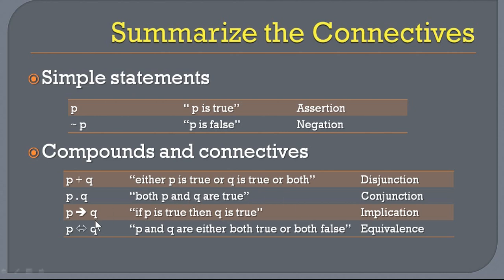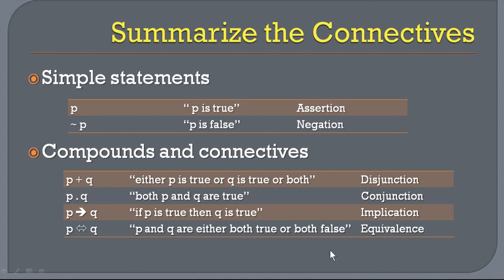That is a connective. Next, for implication, you use if then. If P is true, then Q is true. So if then should be used when you use implication. And finally equivalence: P and Q are either both true or both false. This is called equivalence.